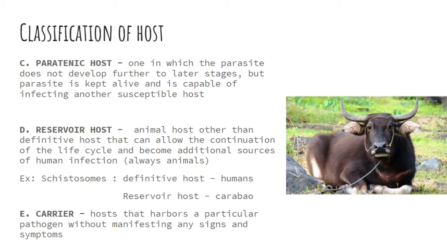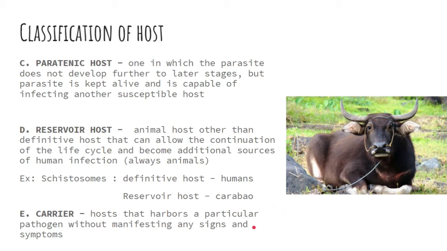Reserve na host to na other than the definitive host, kaya niyang i-continue yung life cycle and can become additional sources of infection. A good example of our reservoir host of our schistosomes, which are a type of parasite. Ang definitive host po ng ating schistosomes are humans, so tayo. But the carabaos, ito po, can serve as the reservoir host of schistosomes.